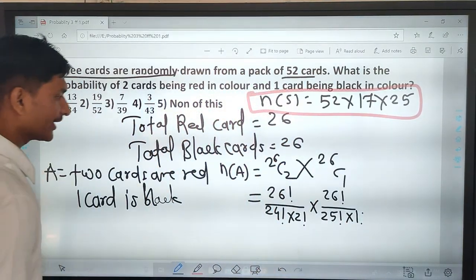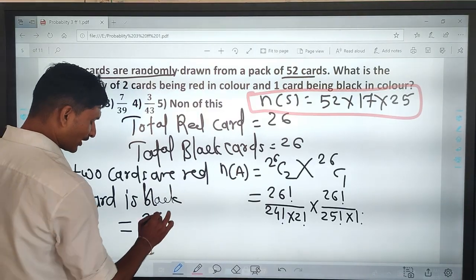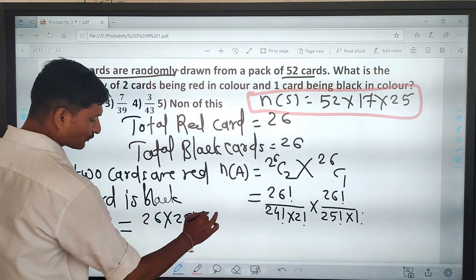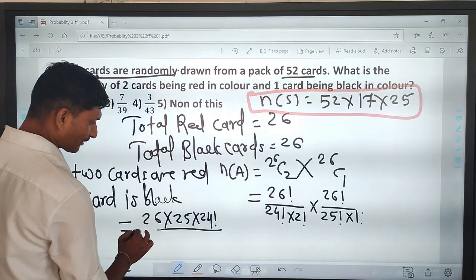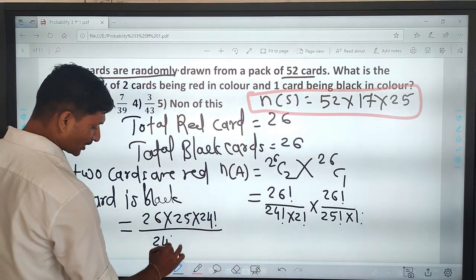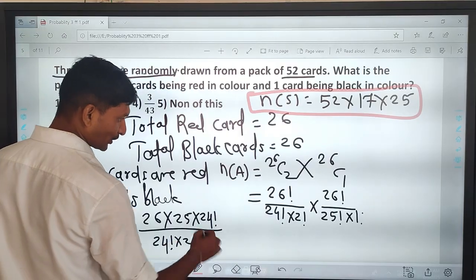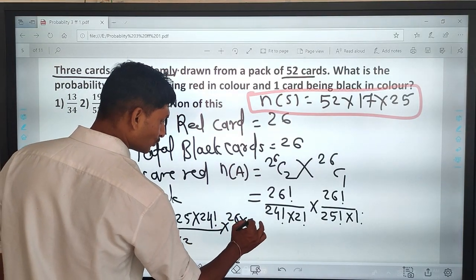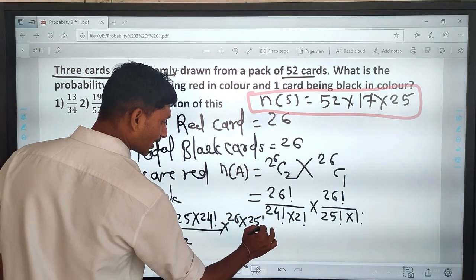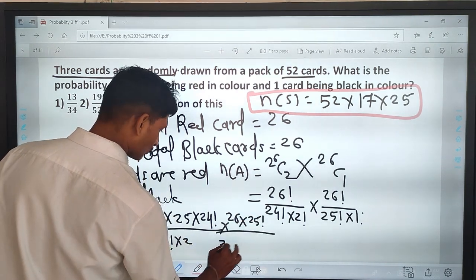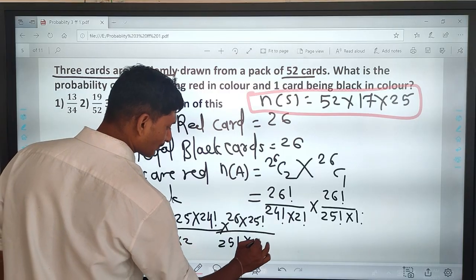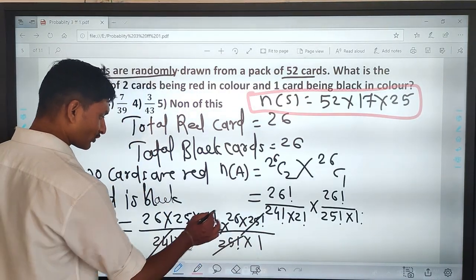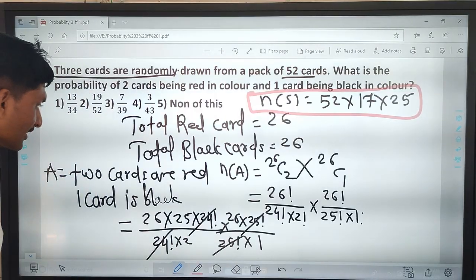We find 26 into 25 into 24 factorial divided by 24 factorial into 2 into 1, and 26 into 25 factorial divided by 25 factorial into 1 factorial means 1. 25 factorial gets cancelled. 24 factorial gets cancelled.